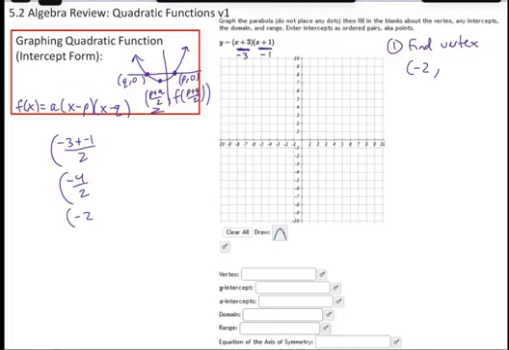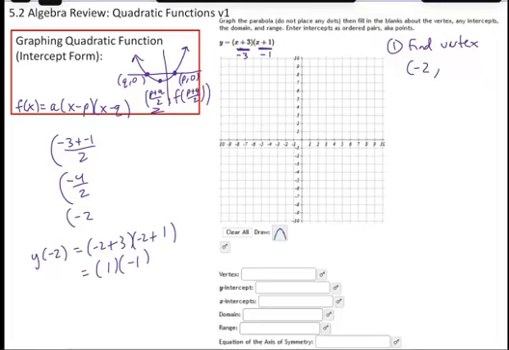And then we plug that into our function and evaluate the result. So if I take y of negative 2, I get x plus 3 times x plus 1. I'm going to leave a space here as a placeholder, plug in my negative 2 in each of those, and that gives me a positive 1 and a negative 1.